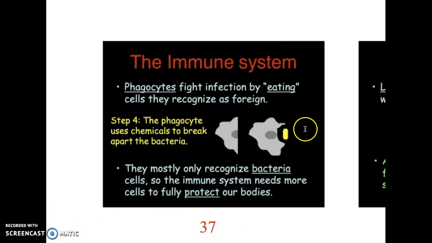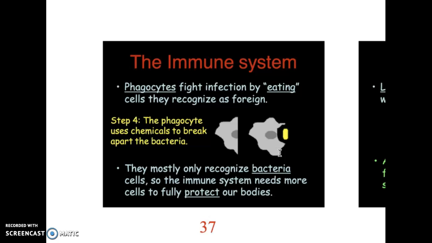After it has completely surrounded the bacterial cell, they use chemicals to break apart the bacteria. So first, they recognize it. Second, they surround it. Third, after they've completely surrounded it, they use chemicals to break the bacterial cell apart.